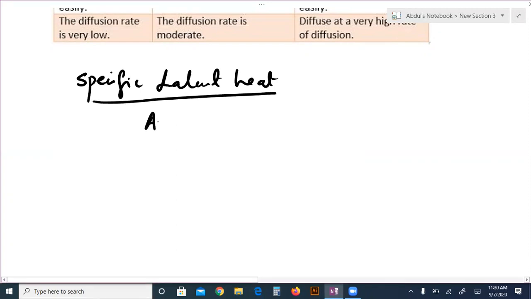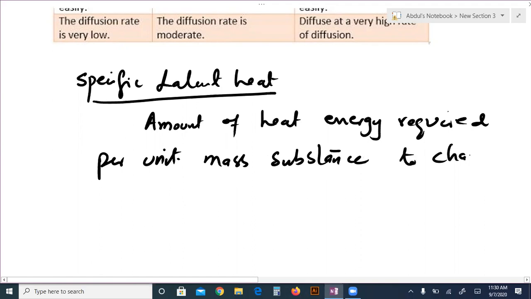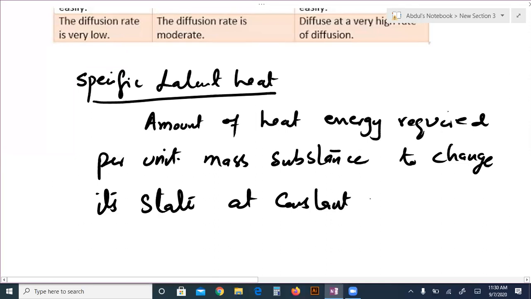This amount of the heat energy required per unit mass of substance to change its state at constant temperature.